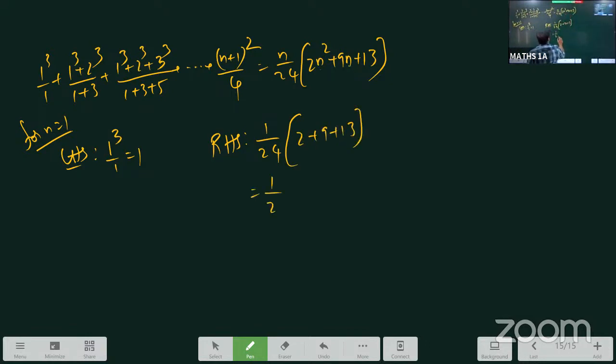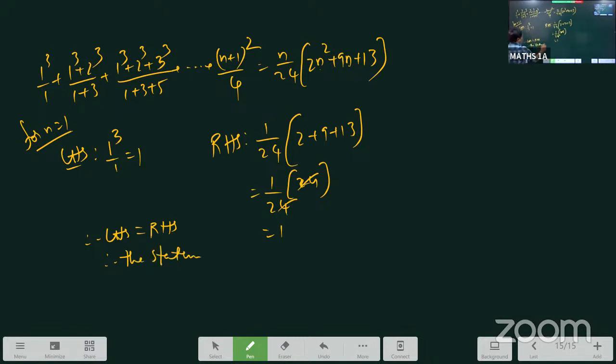That is 1 by 24 into 24. 24 gets cancelled. What I got is 1. Same, no? So your LHS and RHS are giving the same. Therefore, LHS equal to RHS. Therefore, the statement S of n is true for n equal to 1.